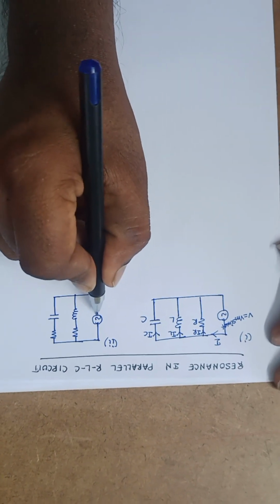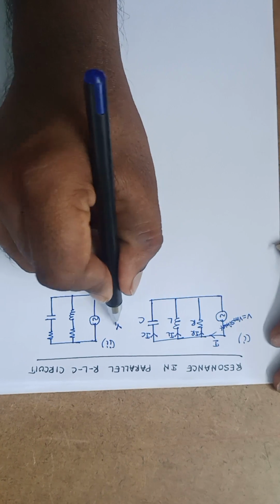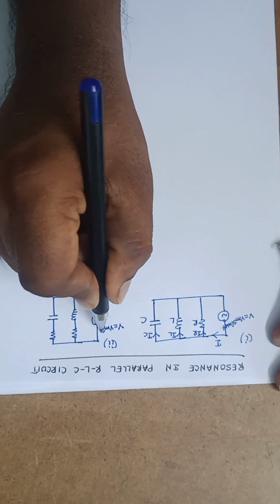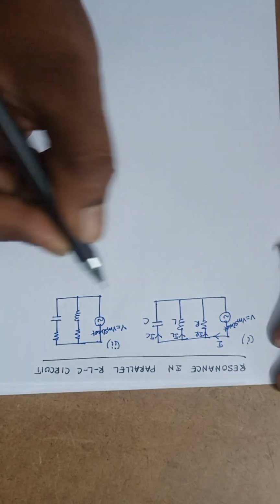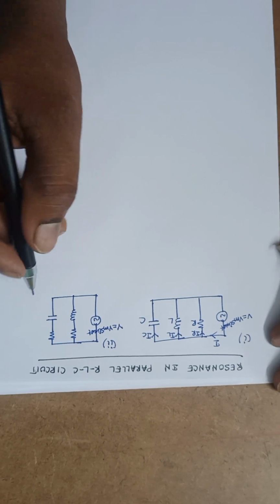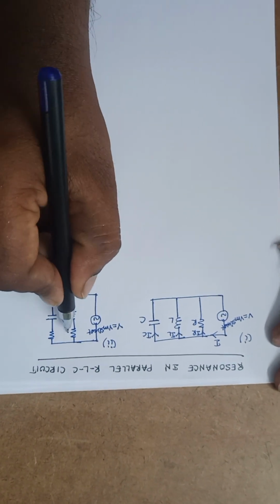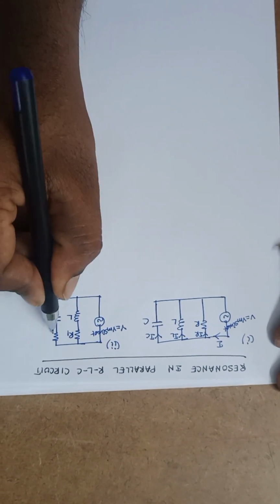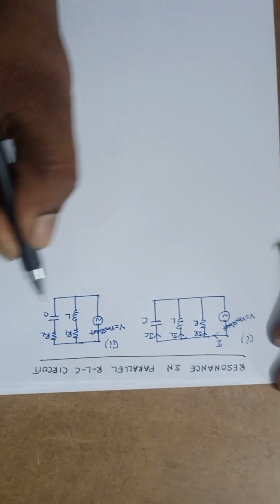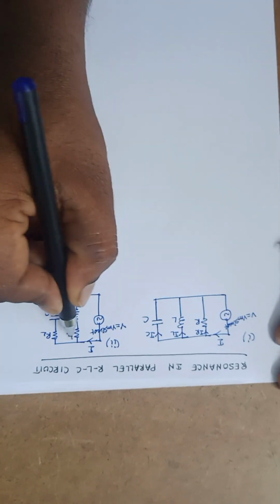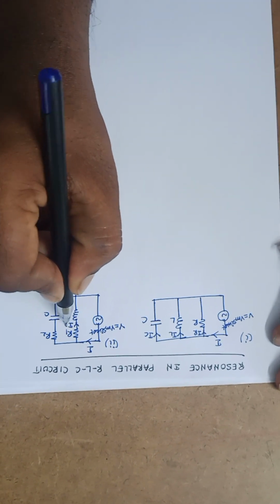Now we are applying a supply for it, that is V is equal to Vm sin omega t. It is another type of parallel circuit. So it is R1, it is L, it is R2, it is C. This is the supply current I. If you consider it as I1, it is I2.